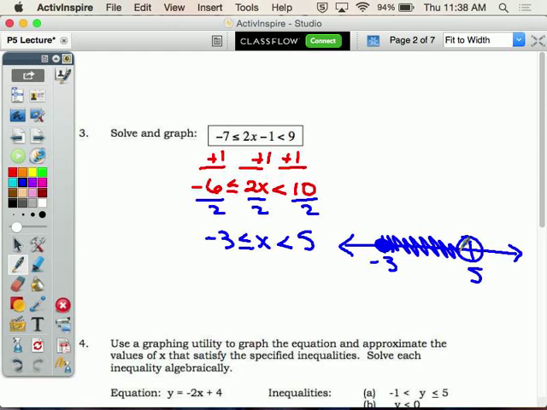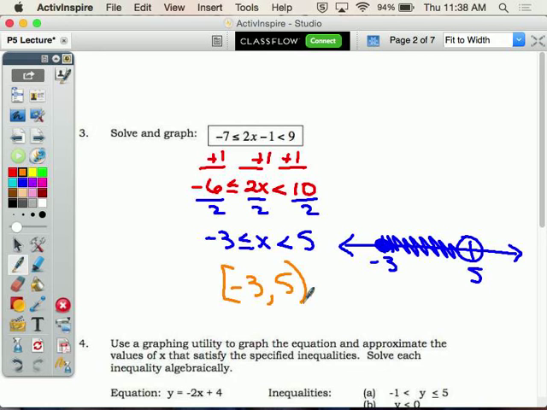If I were to represent this same information in the new style that we're talking about today, you would still have the same two numbers, -3 and 5. You put a comma in between. Since the bar was with the -3, you put a bracket. Since the bar was not with the 5, you put a parentheses.